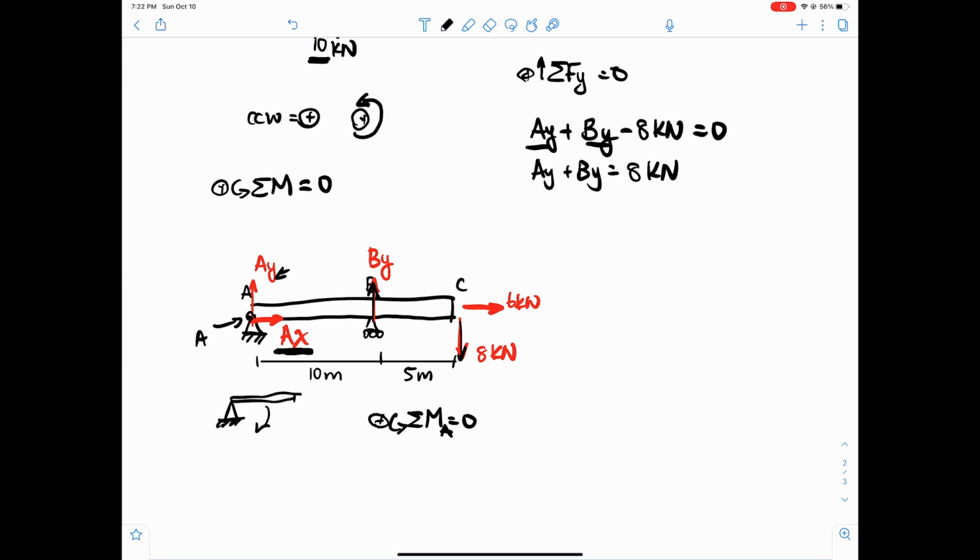So let's work through the problem. The distance away from this origin will really affect the amount of force you need to push in to rotate the entire system. So sum of moments around A, very simple, set up the equation.